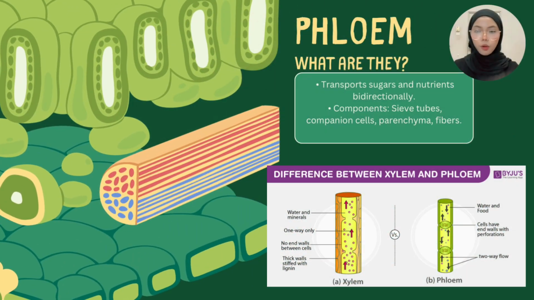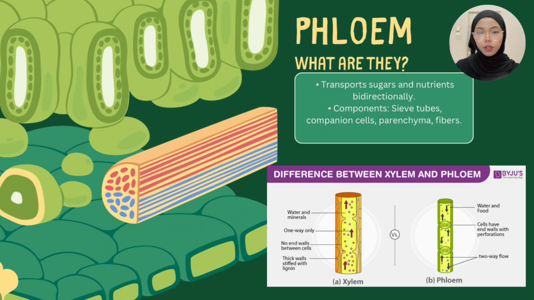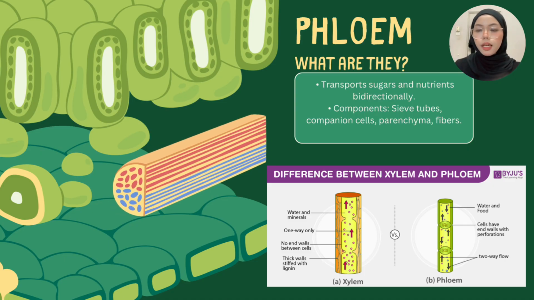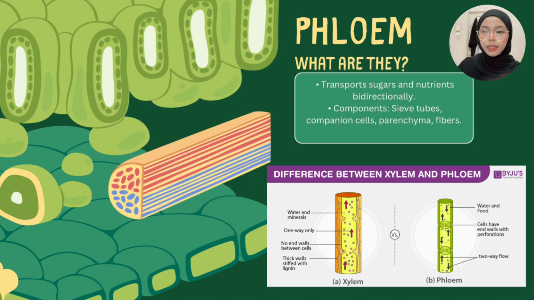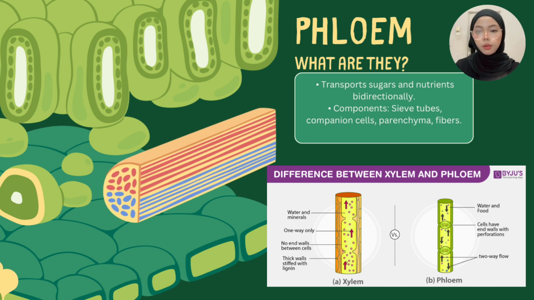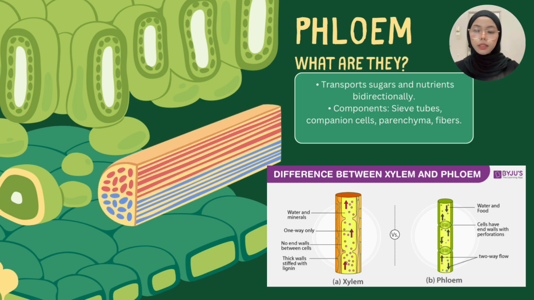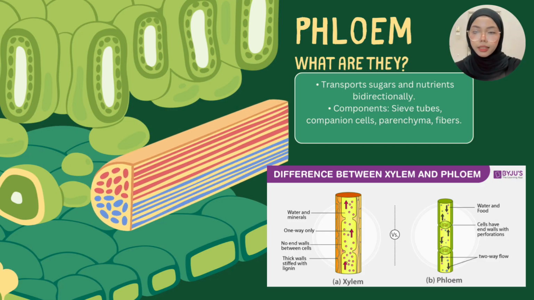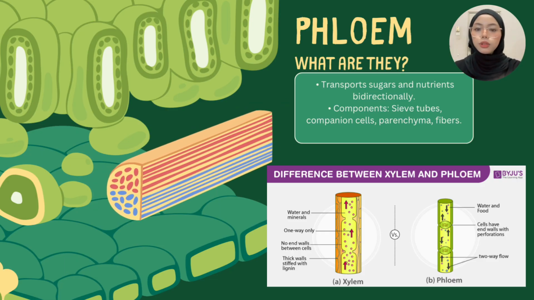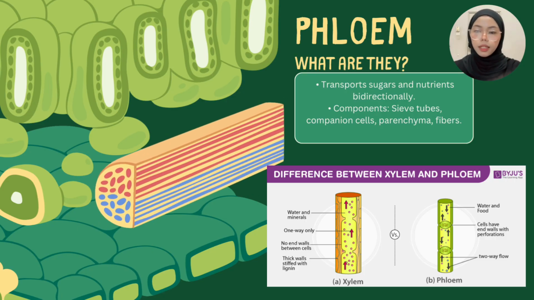The next one is phloem. Phloem transports sugar and other organic compounds from the source. It has four key components. The sieve tube element, the elongated cells arranged end to end forming the sieve tube. Next one is the companion cell. Companion cells are small cells adjacent to the sieve tube. They contain dense cytoplasm and prominent nuclei.